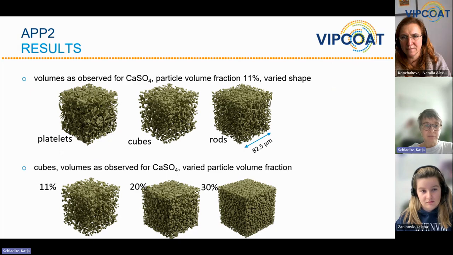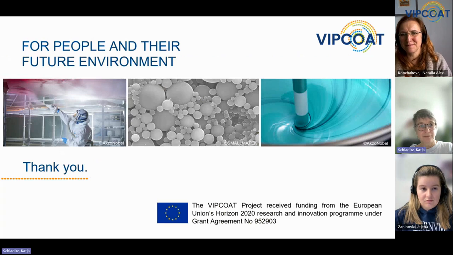At the example of calcium sulfate, on the top row you see variation of the shape, platelets, cubes, or rod-like lengthy pigments, and on the bottom you see variations of the particle volume fraction. So thank you for your attention for this background information.